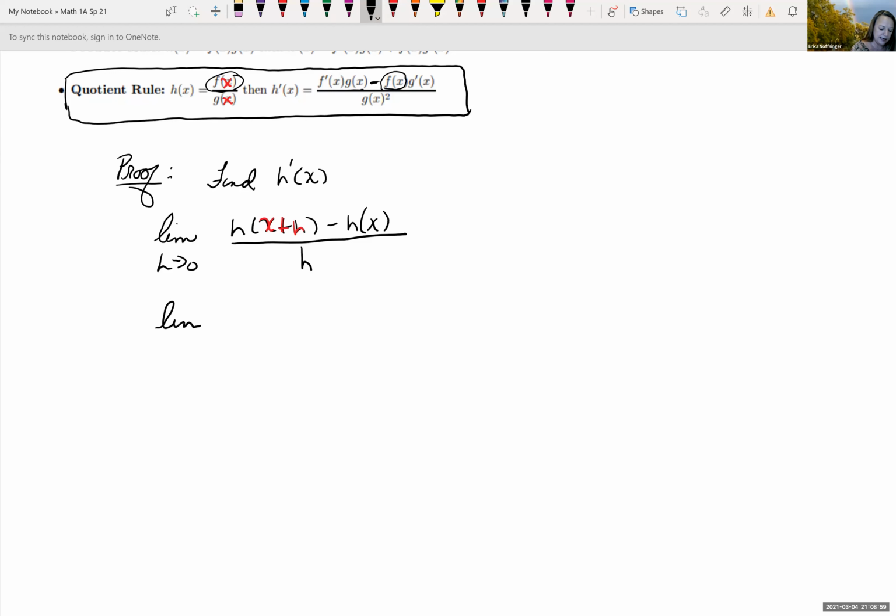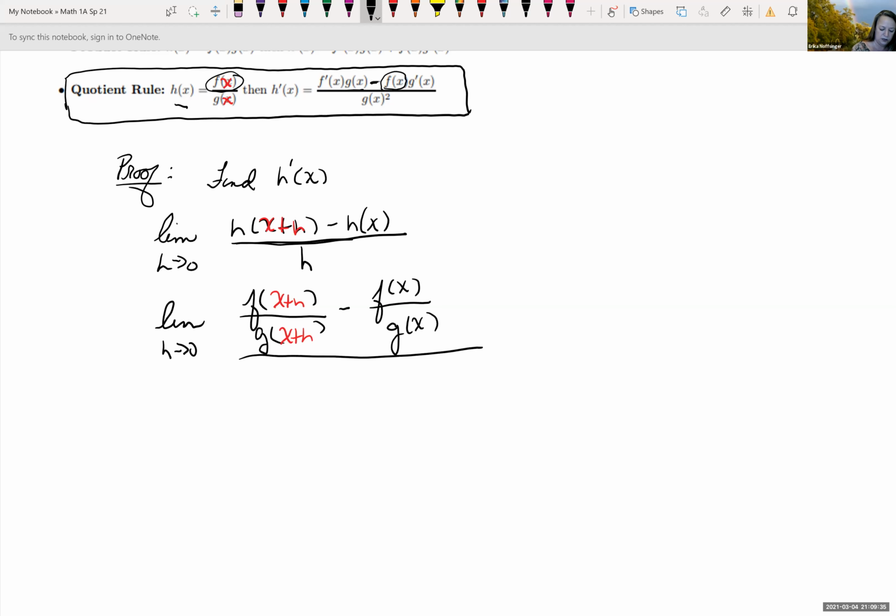So we would get the limit as h approaches 0 of f of x plus h all over g of x plus h, minus our original h of x function, which is f of x over g of x, and then we put that all over h.